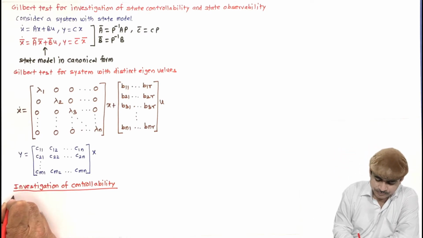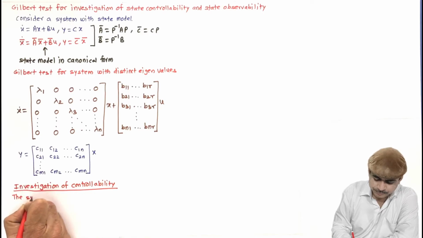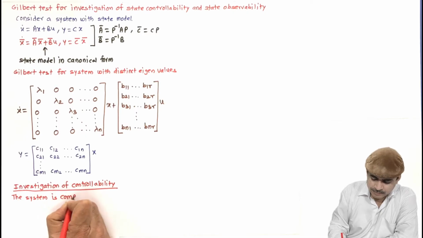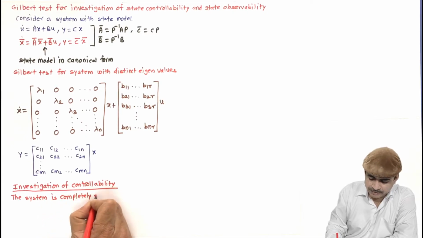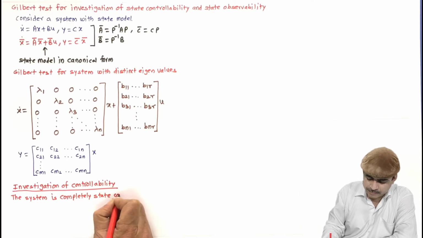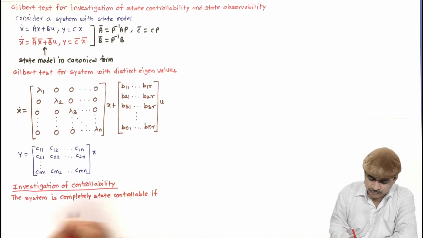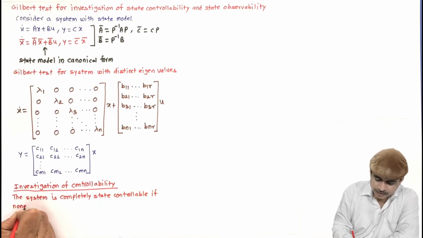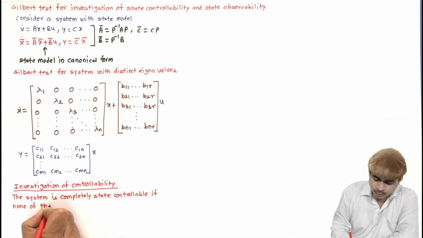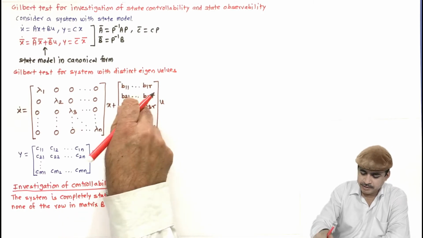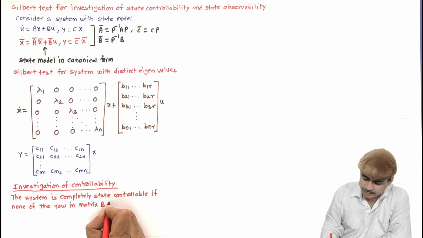That means the system is completely state controllable if none of the rows in matrix B has all zeros.